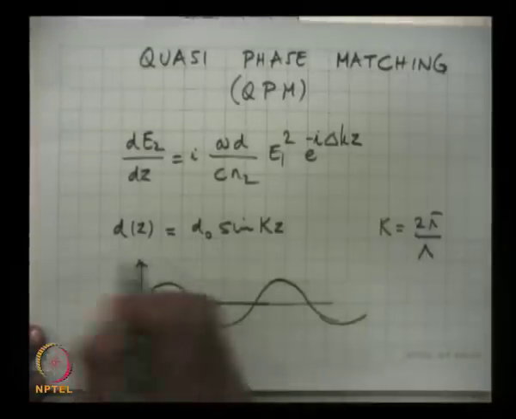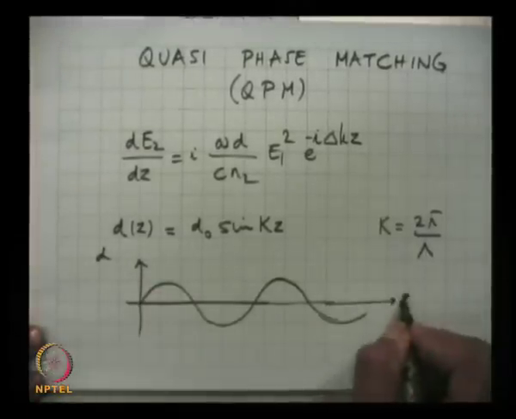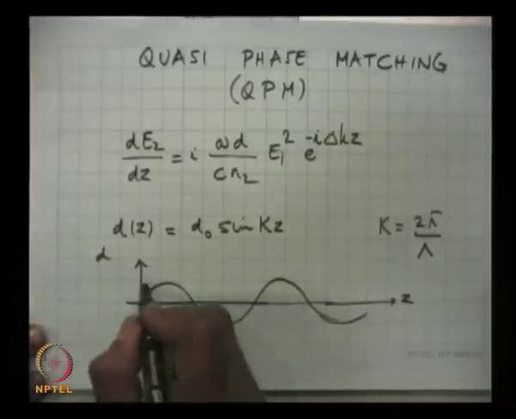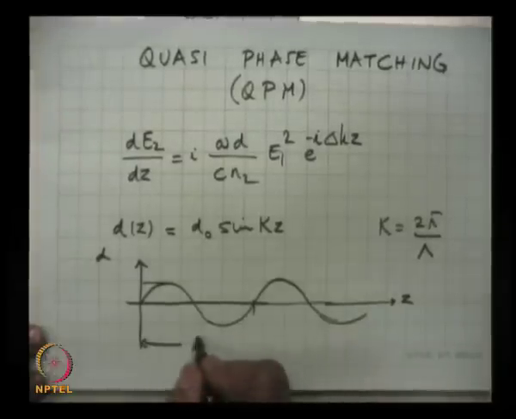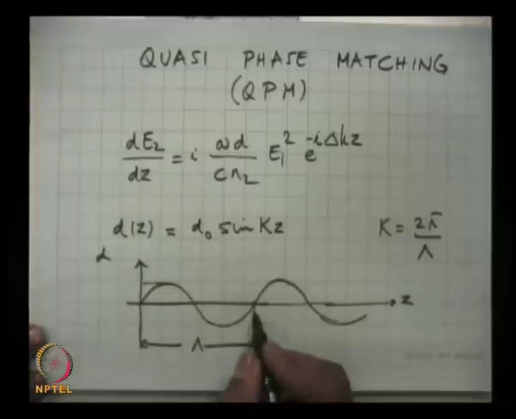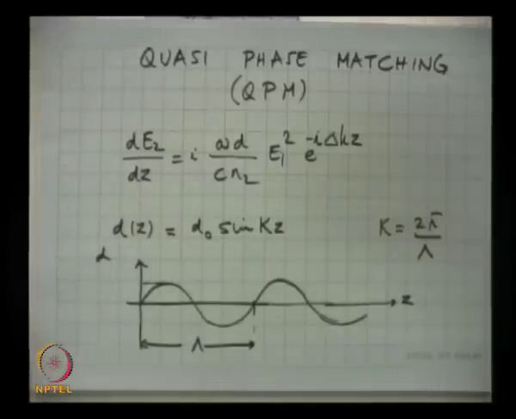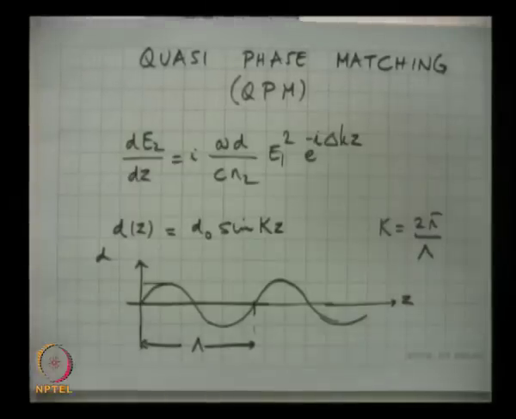So, this is d as a function of z, d0 is the maximum value here, and this distance is Λ, a periodic, sinusoidal function of z. I will come a little later to how I have a medium like this. So, let me assume that I could by some mechanism produce a medium in which d was periodically varying with z, d is equal to d0 sin Kz.